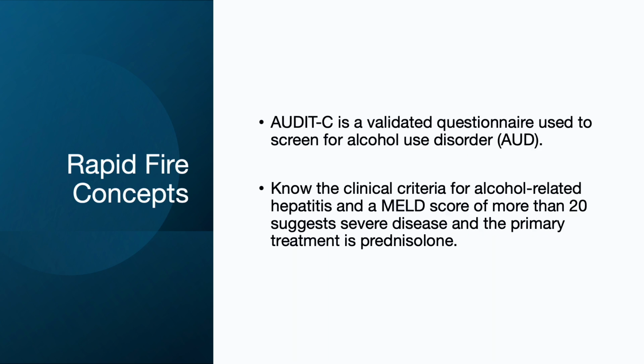AUDIT-C is a validated questionnaire used to screen for alcohol use disorder. Know the clinical criteria for alcohol-related hepatitis before you take your exam, and a MELD score of more than 20 suggests severe liver disease, and the primary treatment is prednisolone.